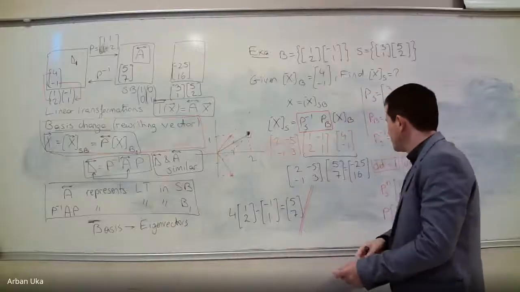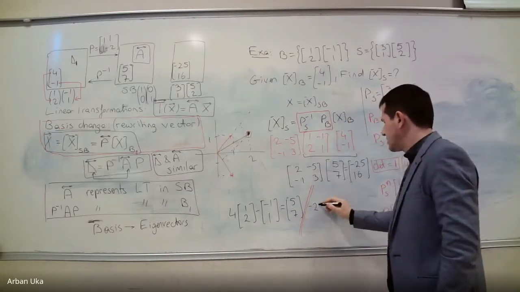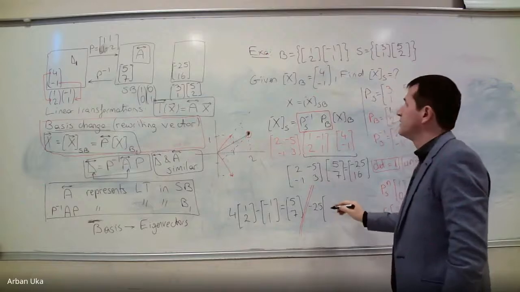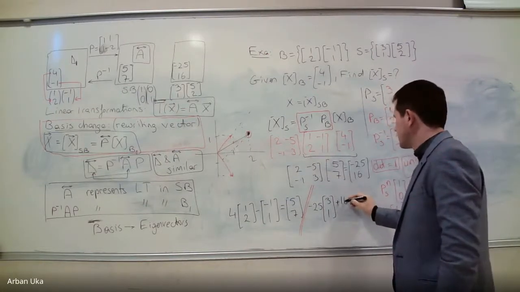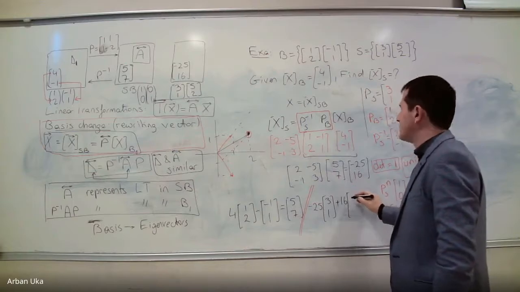For example, we can write minus 25 multiplies 3, 1 plus 16 multiplies 5, 2, if I'm correct. That's true. This is going to be minus 25 times 3, 1 plus 16 times 5, 2.